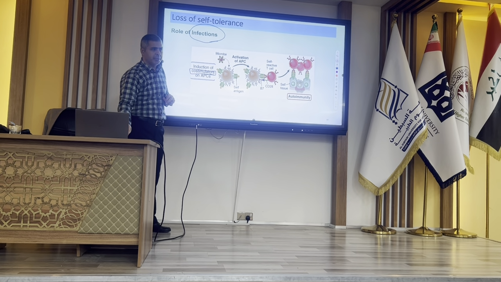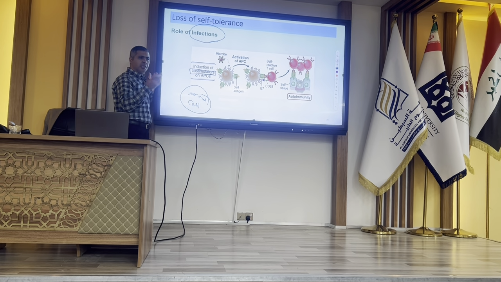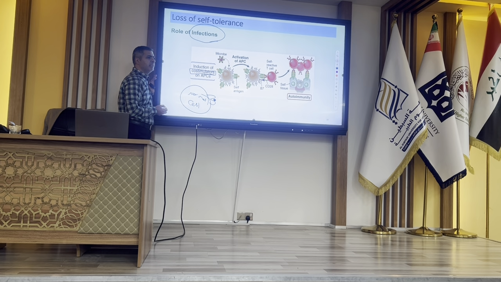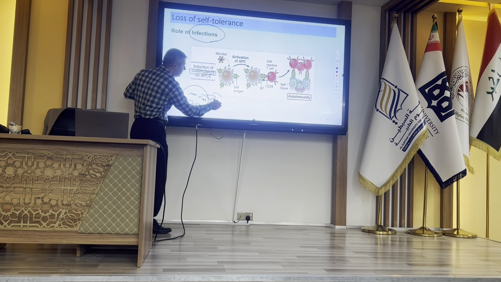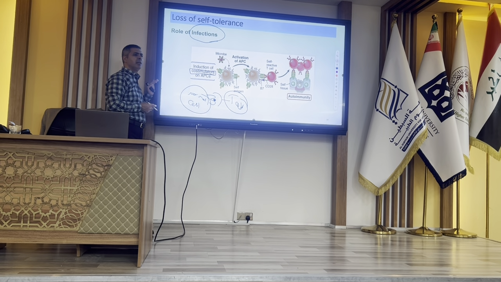If you remember, I told you that in normal circumstances, we have a normal cell which is expressing self-antigens on the cleft of MHC, but there is no co-stimulation. If a T cell binds to this MHC, we won't have an immune response.